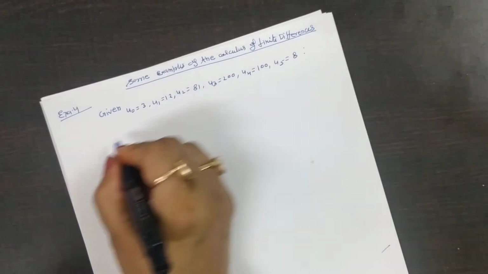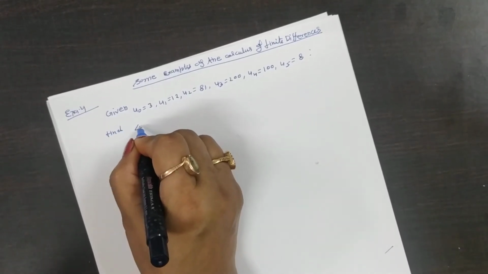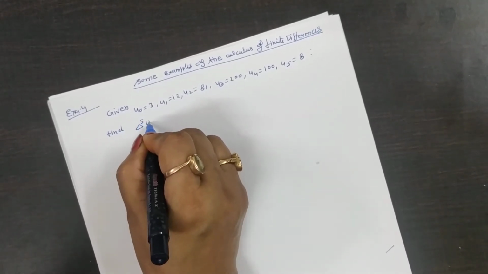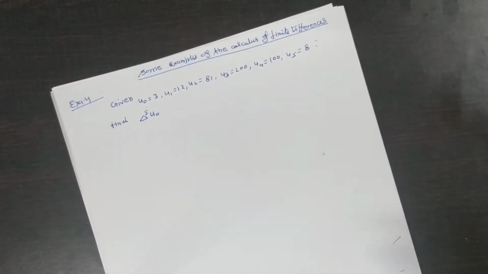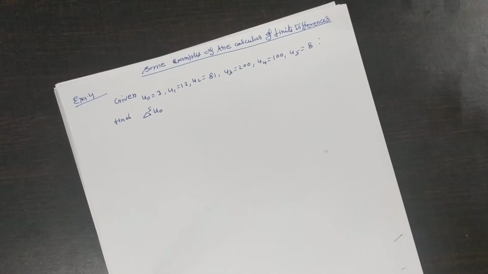Then find delta to the power 5 u0. I have given you so many questions of the delta, so I think you can solve all of the questions.